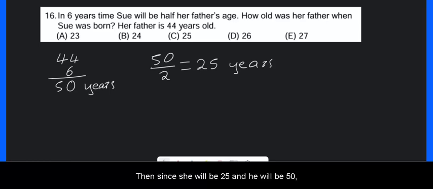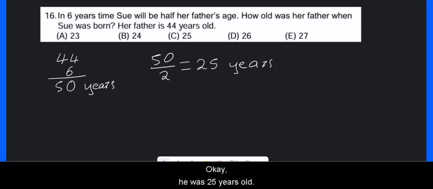Since she will be 25 and he will be 50, he was 25 years old then. The father was just 25 years old. 25 plus 25 gives us his age, which is 50. So that is the answer.